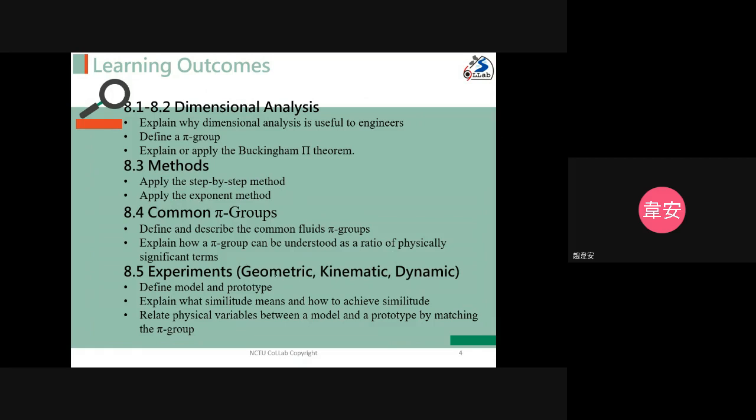And as I mentioned, the most important thing in this chapter is that if we would like to predict physical phenomena in a real case by model testing, we need to satisfy the geometric, kinematic, and dynamic similitude.